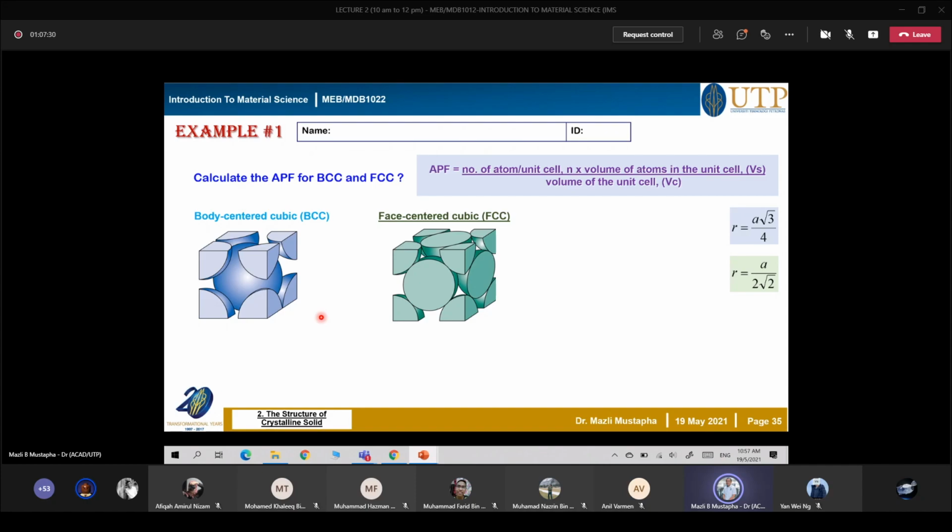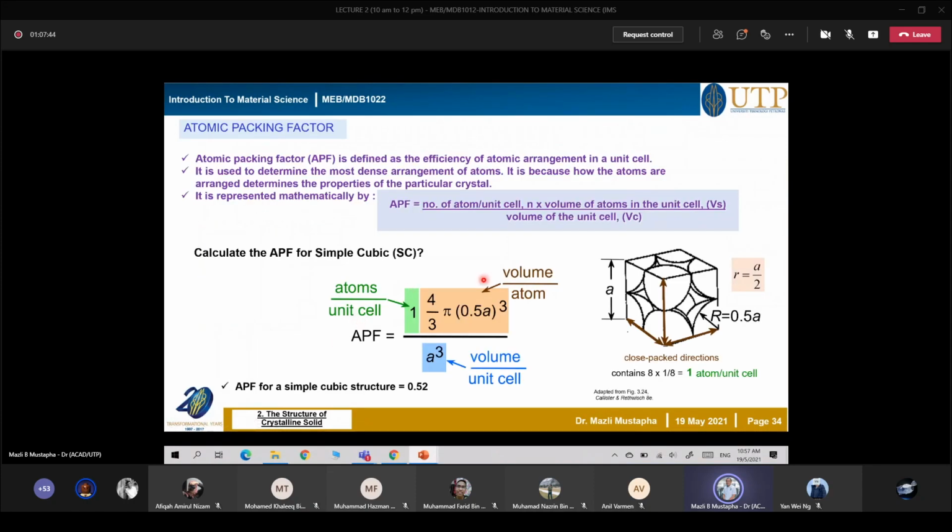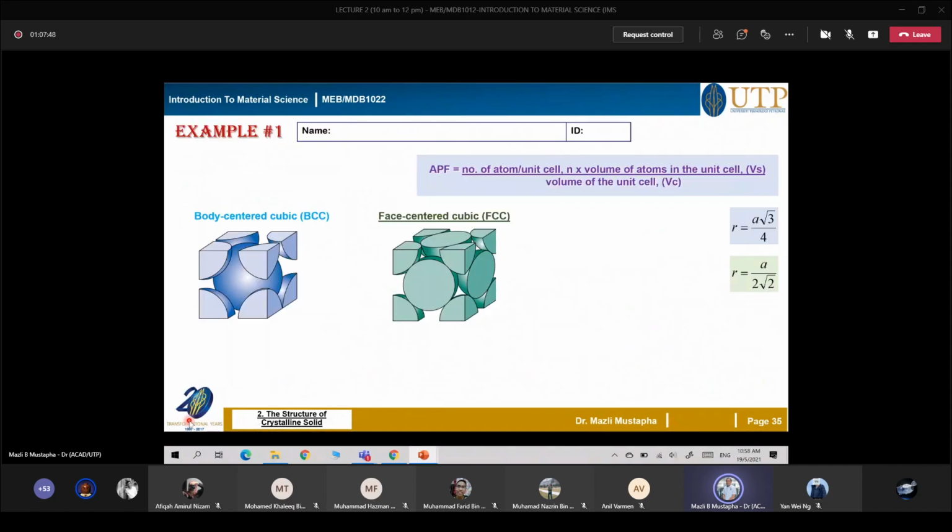Calculate the APF for the body center cubic and face center cubic. We use the same formula as before. Okay, same formula, no worries. This is an example, and later on I just want you to check whether it's correct or not. This one we do together.